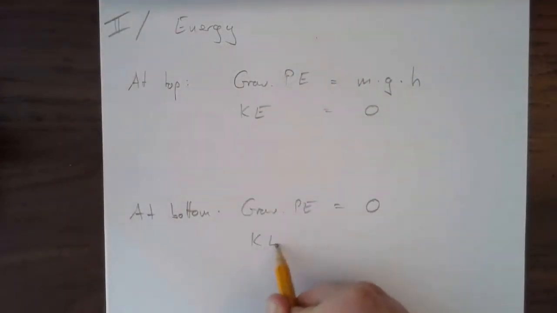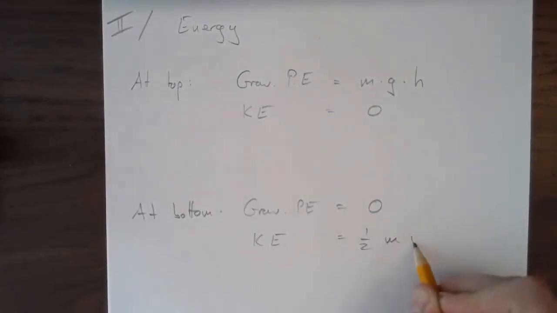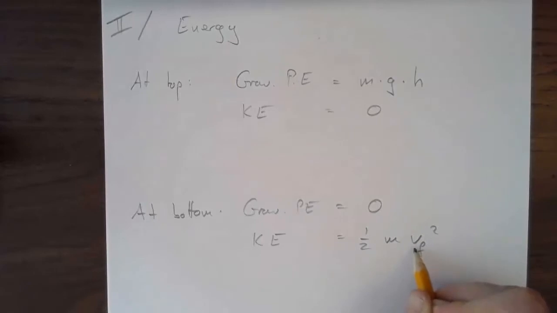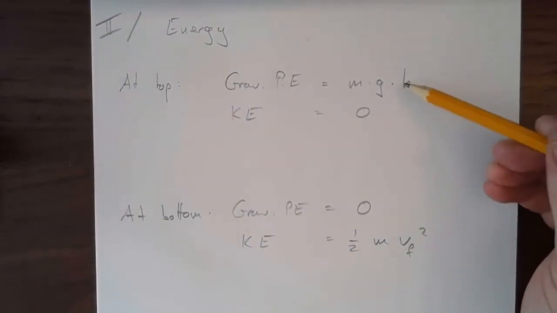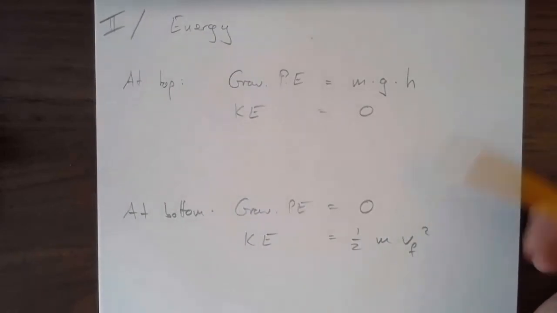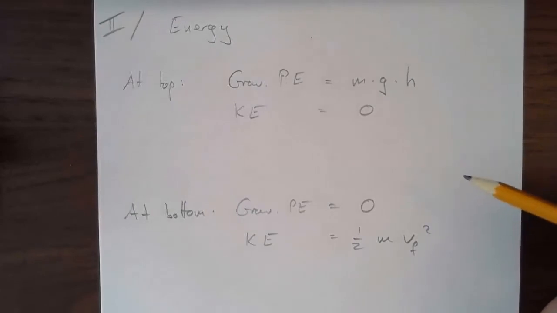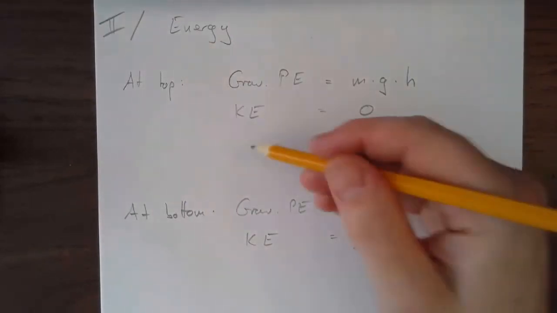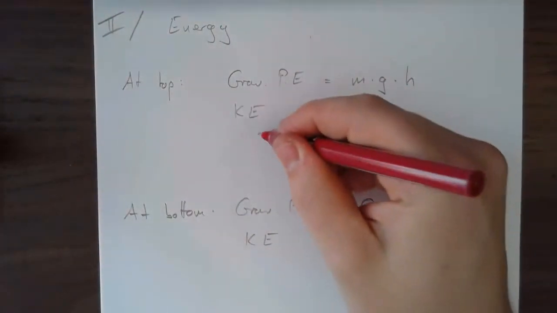And my kinetic energy, well, I don't know what it is, but I know it's equal to 1/2 m times the final speed squared, and that's the thing that I want. So could I just set this equal to this and solve? No, that would not be right. Why not? Because there's an interaction I haven't taken into account, namely friction. As I go from here to here, energy is lost to friction.